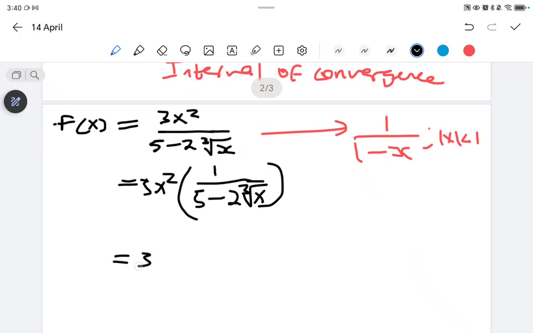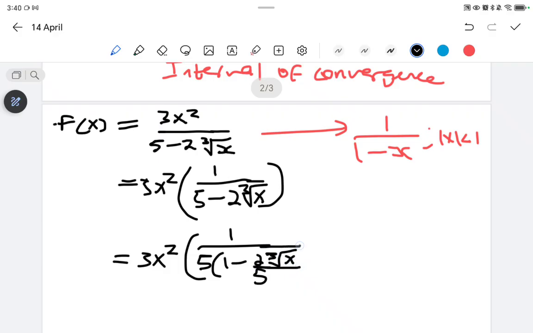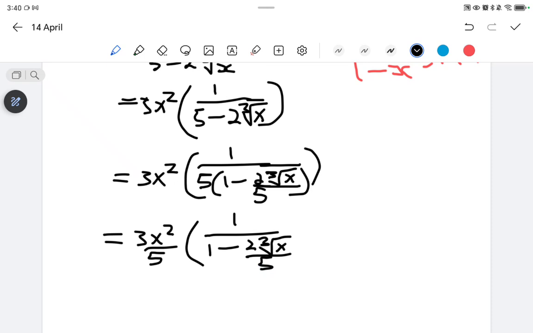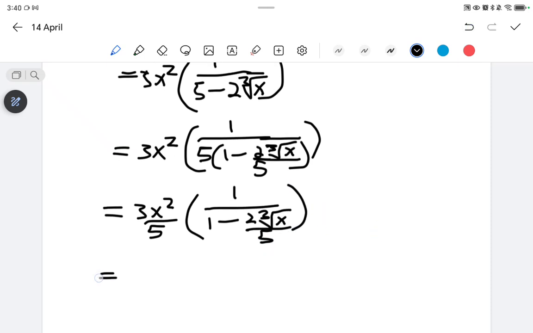So we factor out the 5. Then we check out the 5. You see, right? Provided, no, not provided yet. Let me put it in that format. Then I can provide that.